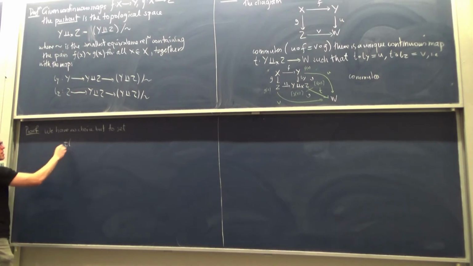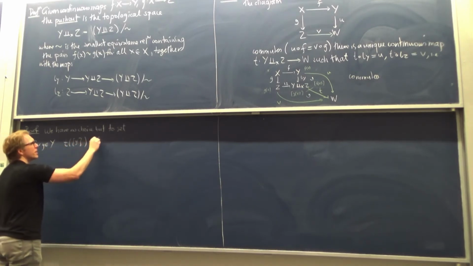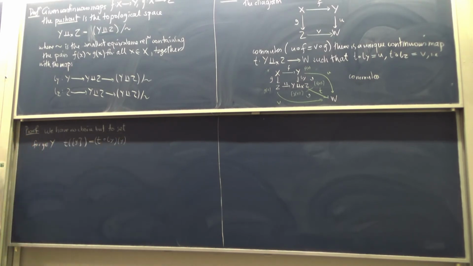So every element in that pushout, Y disjoint union subscript X, Z, the subscript there is because you're pushing out away from X, that's the idea. If I give you a y in Y, I can think about y as an element of the disjoint union, and then I can take its equivalence class. But that is, by definition, T of iota Y of y.